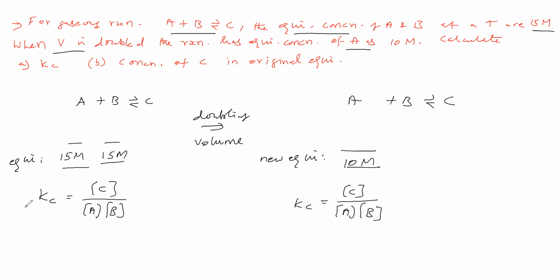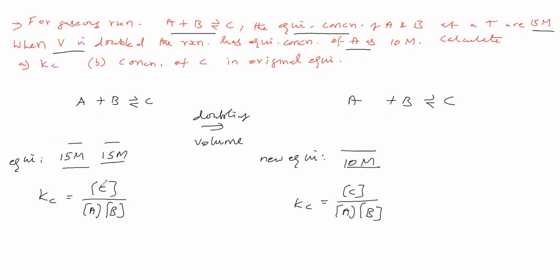Kc here and Kc here will be equal, because it is the same reaction. The only thing is we are giving a stress, by doubling the volume. We know A and B concentrations. If we know the concentration of C, then we can find Kc.